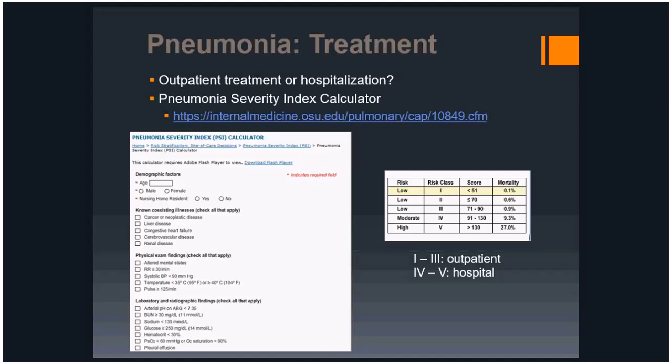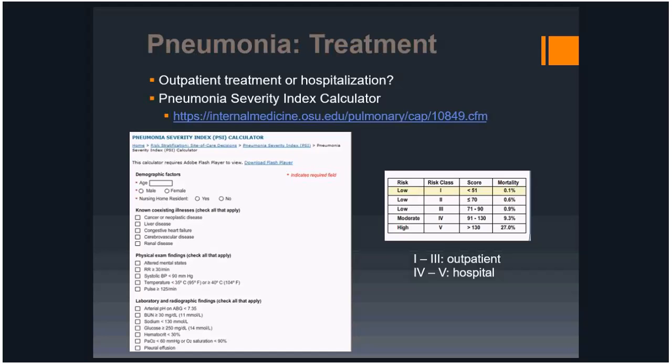In which instance you would be able to use something like the Pneumonia Severity Index calculator. This is something that you could have saved or bookmarked in your internet browser.